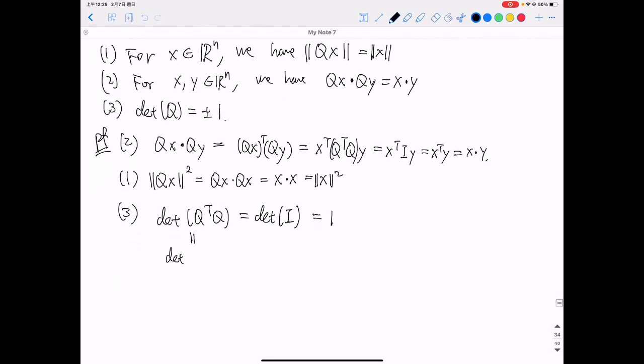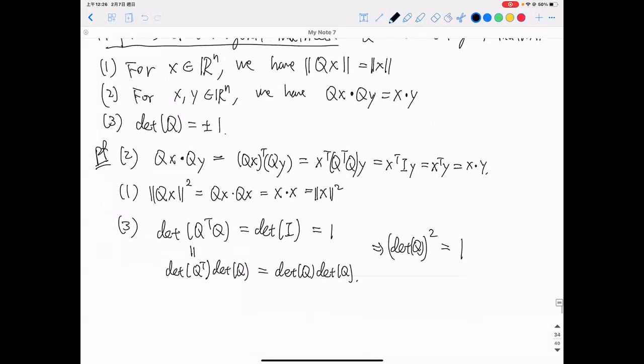On the other hand, the determinant of Q transpose Q is the determinant of Q transpose times the determinant of Q. And also, the transpose of a matrix has the same determinant as the matrix. So the determinant of Q transpose is the determinant of Q. So you're looking at the determinant of Q squared equaling 1. That means the determinant of Q is plus or minus 1. Okay.